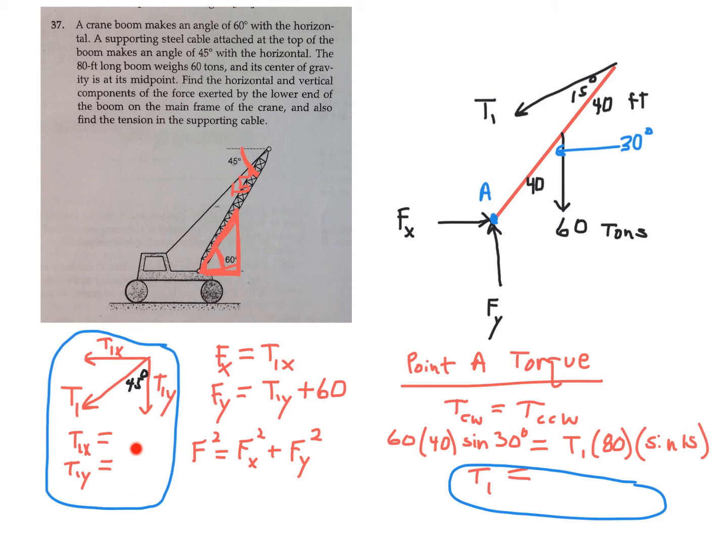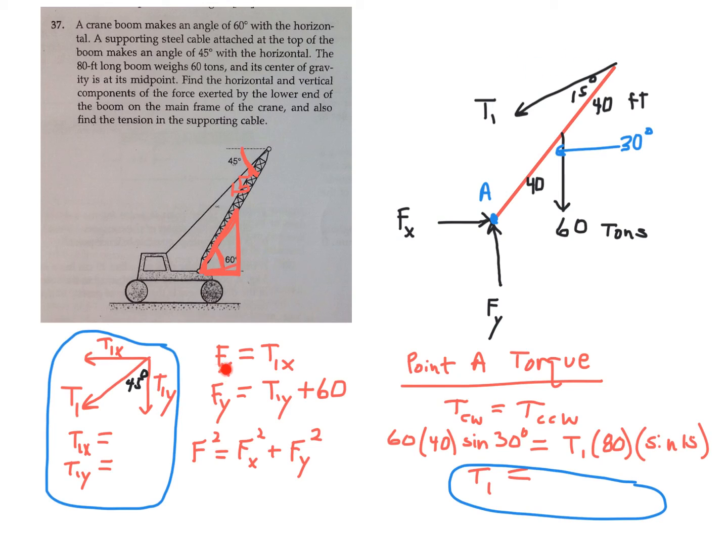Now, looking back at the boom itself, I'm not going to draw the components on the diagram right now. You could draw another diagram if you want, but bottom line is there'll only be two horizontal forces. Fx is pushing to the right, and the only other force to balance that is the x component of T1.